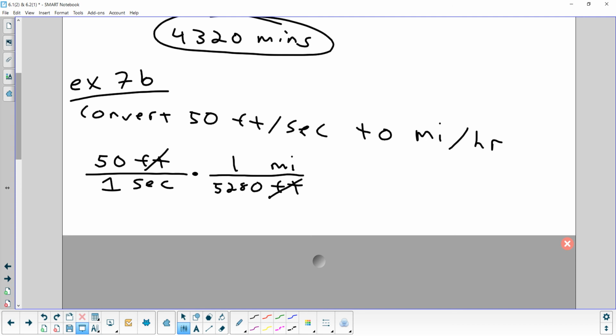If you stop there, you'd have miles per second. We want miles per hour. So let's get rid of seconds. Where will seconds go to cancel out? Yep. Top. And we're going to convert that to hours. What's the conversion between seconds and hours?